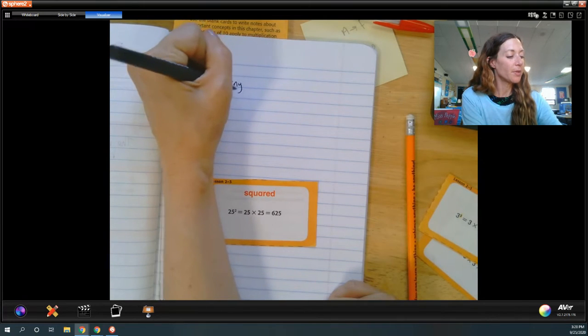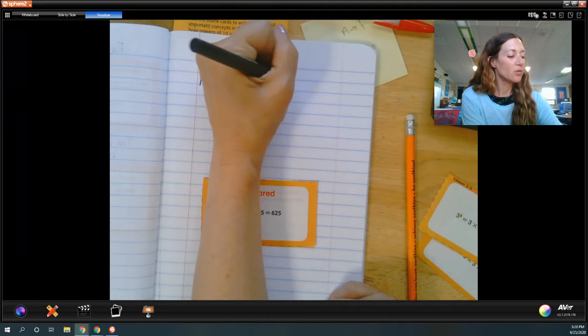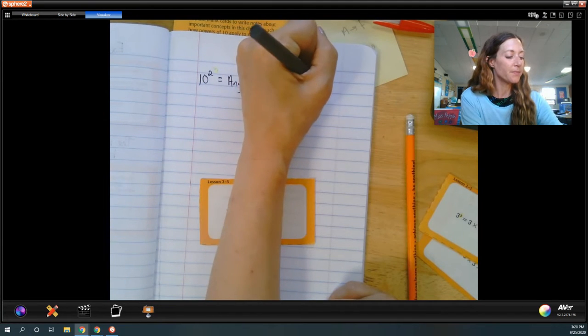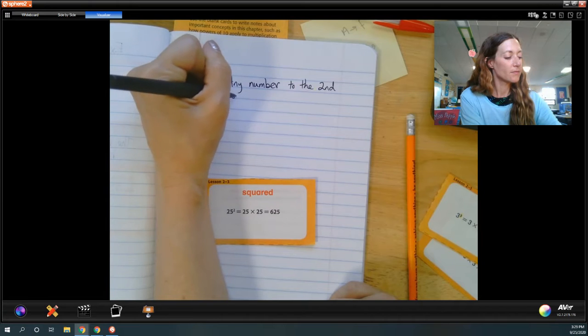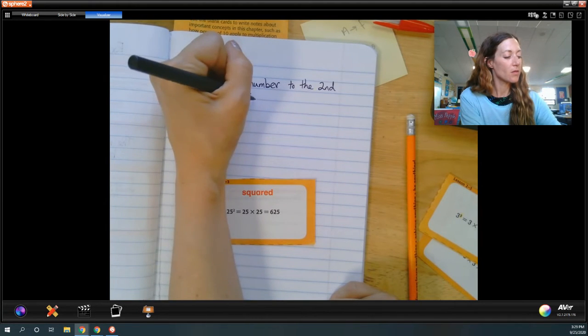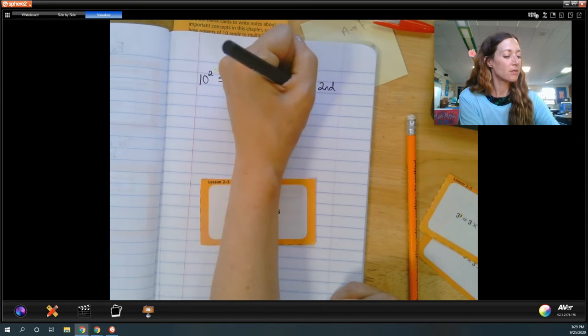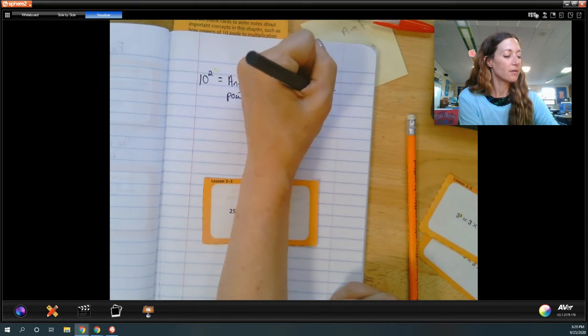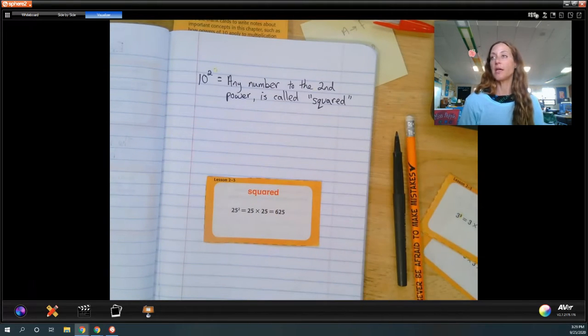Any number to the second power is called squared. Okay, so you're going to see squared a lot when it comes to area.